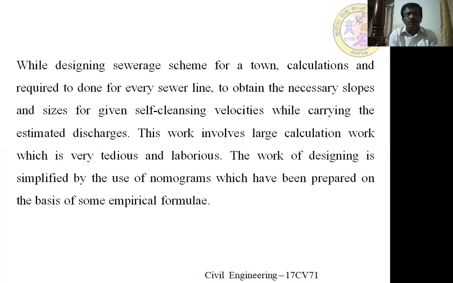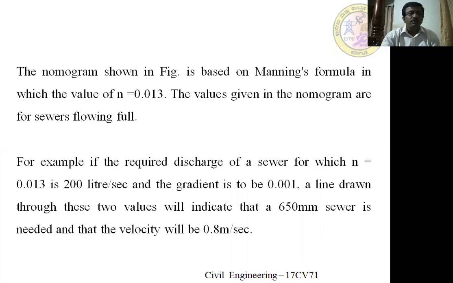The work of designing is simplified by use of nomograms, which have been prepared on the basis of some empirical formulas. What I explained earlier means the nomogram is very helpful to make calculation easy and reduces the time. It is time saving and also quicker.